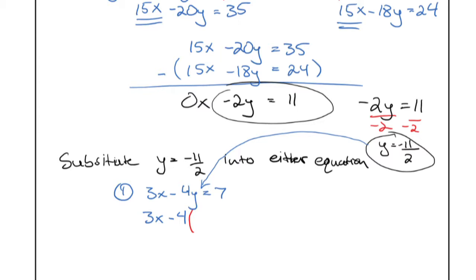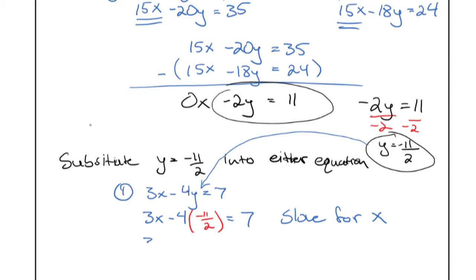So helpful. Negative 11 over 2 is 7. Now, the only thing left in my equation is x. So I can find my x value.